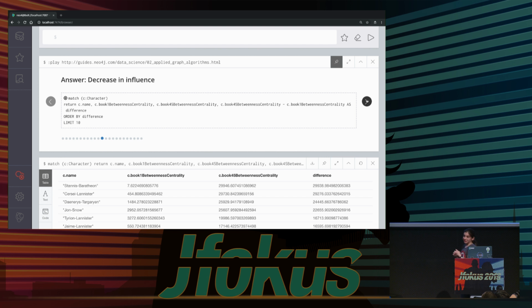I will not run this query because I don't want to spoil anything for you if you're not familiar with the series. So as you can probably imagine, if you run decrease in influence, who decreased the most in influence from books 1 to books 4, 5, and you see a character that all of a sudden drops off, probably not a good sign. So if you're familiar with George R.R. Martin's writing or heard rumors, you know that he has a tendency to kill off very dear and beloved characters.